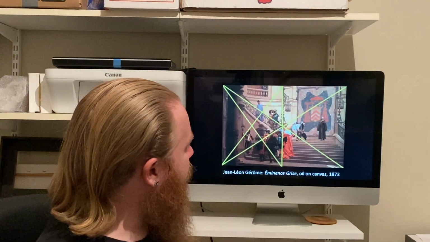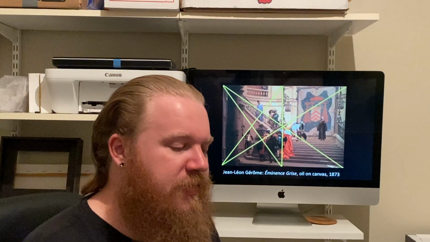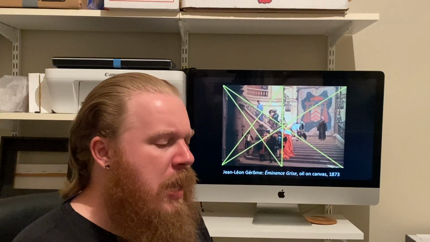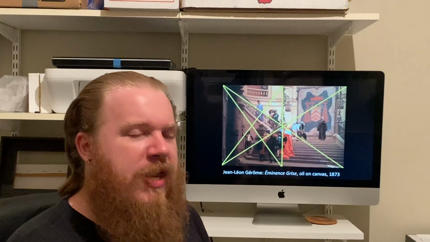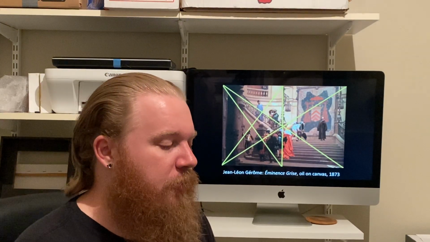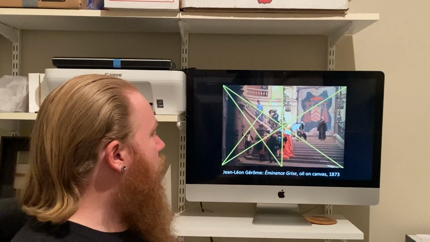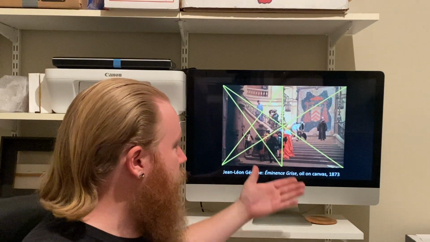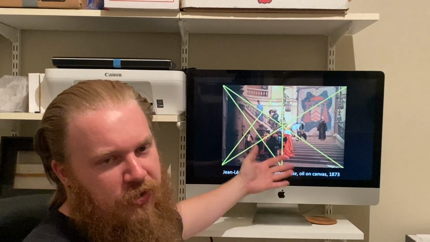But if we look at it within the context of more recent artwork, a lot of artists use the golden ratio to help create their implied lines within the picture plane. So here we can see Jean-Léon Gérôme's The Eminence Grise, so the gray eminence.